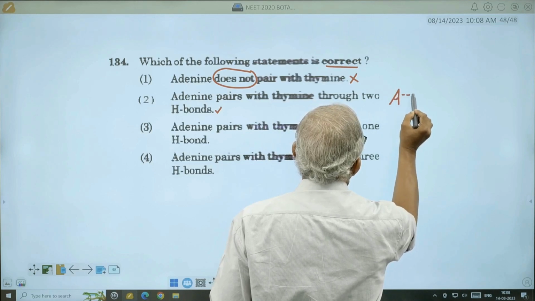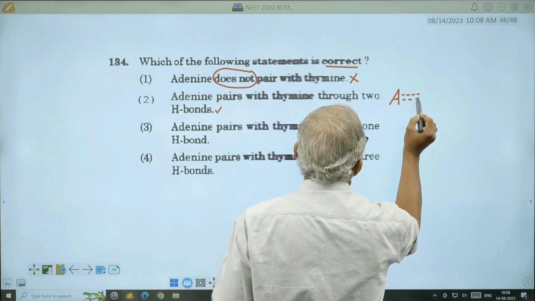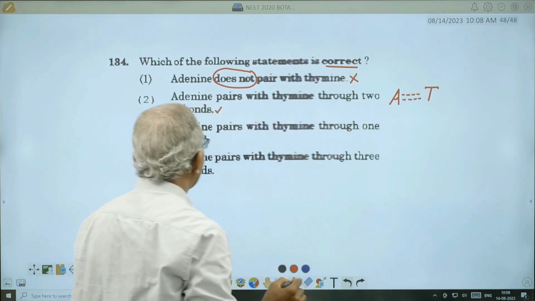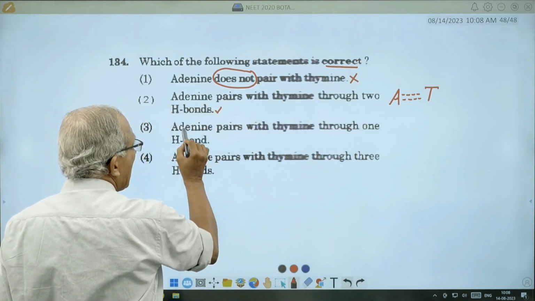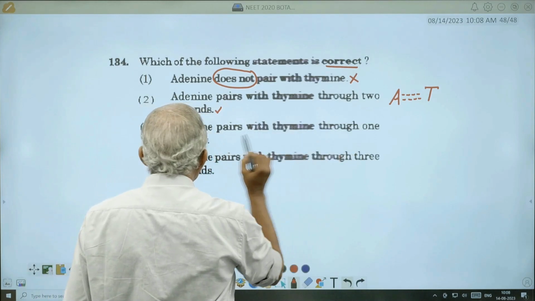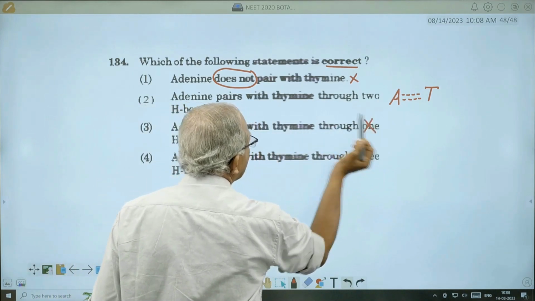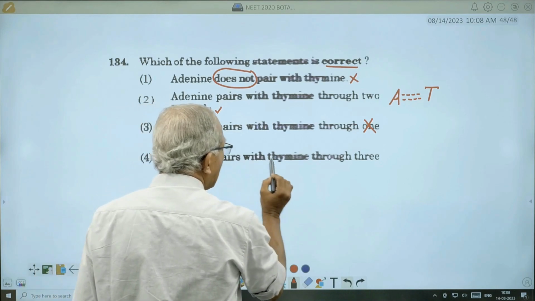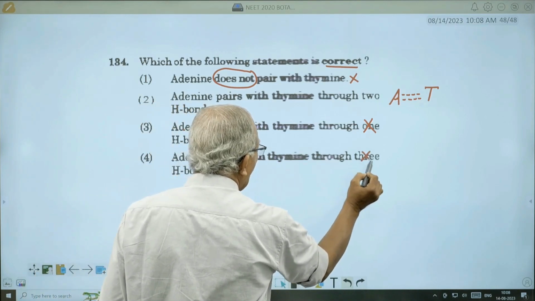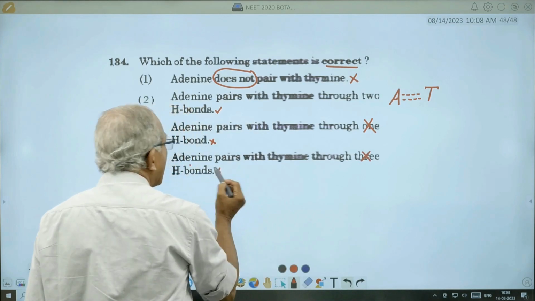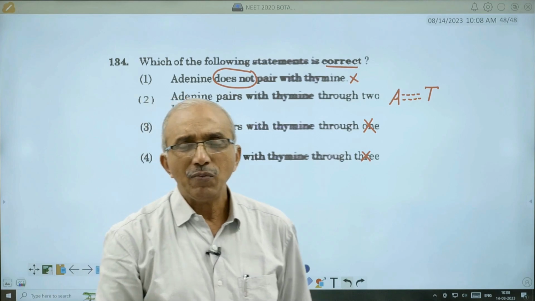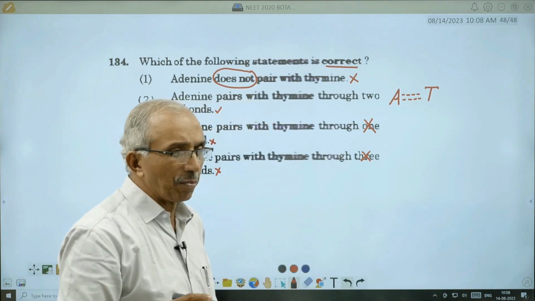Adenine pairs with thymine through 1 hydrogen bond is wrong. Through 3 hydrogen bonds is wrong. Adenine pairs with thymine with 2 hydrogen bonds.